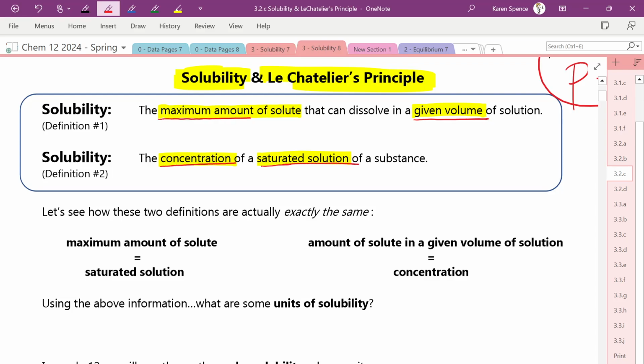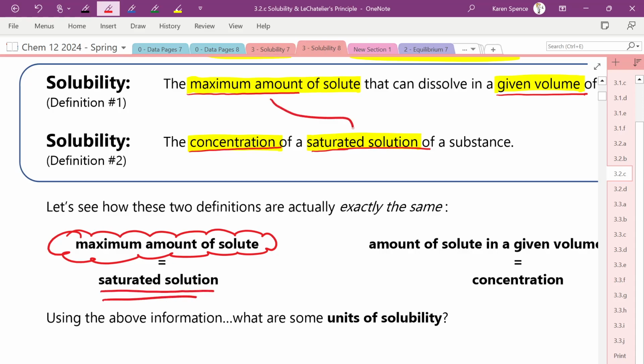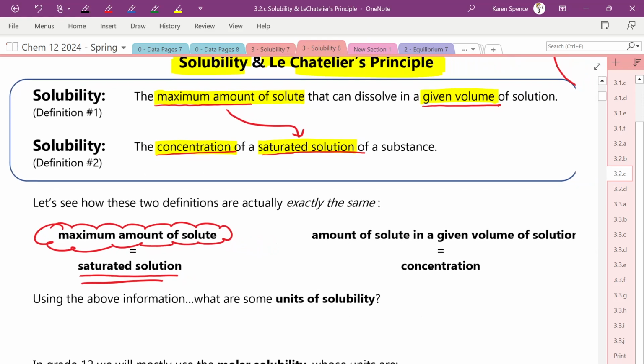Now let's take a look at what these words mean and see how these two definitions are actually identical to each other. If we say maximum amount of solute, what kind of a solution do we have? We have a saturated solution. Oh, look, maximum amount of solid, we have a saturated solution.